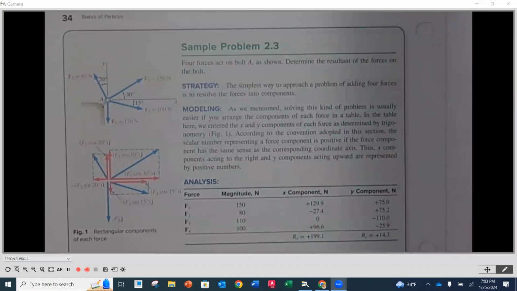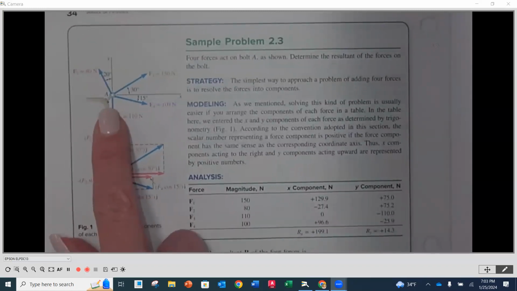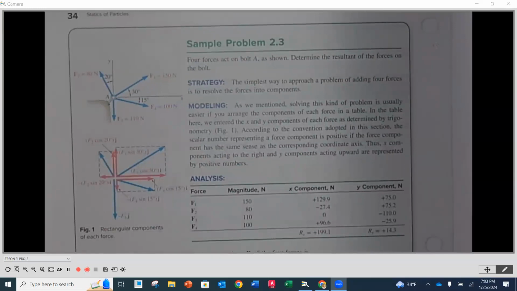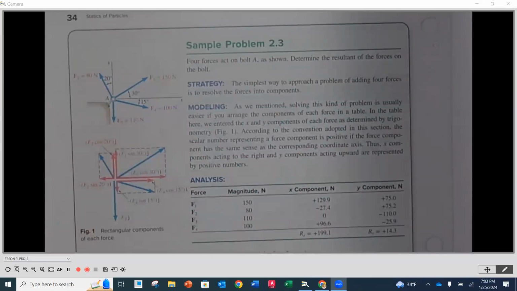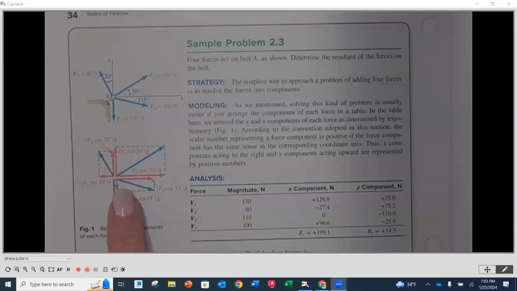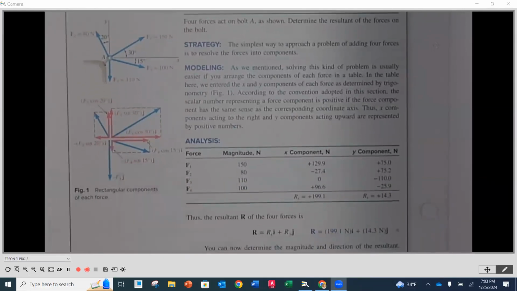Now, the process we're going to go through is, number 1, we're going to draw what we call our free body diagram. So we're going to draw exactly what we see here, but we're going to make it big. We're not going to make it teeny tiny in the corner. At least the top third of your page is going to be our diagram. Because then we're going to have to add and represent, draw, and label the components of each one of those forces.